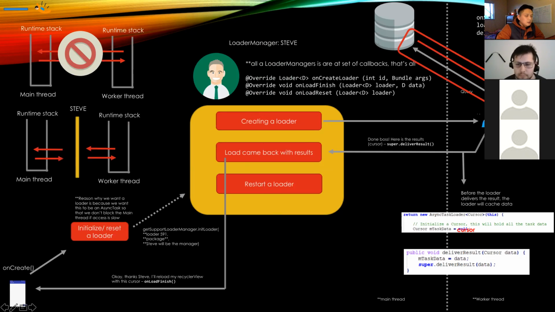Once super.deliverResult is called, the onLoadFinished gets called. It comes back with the data, and then you can do whatever you want on it. That's because onLoadFinished is called on the main thread, so it's thread safe at that point.